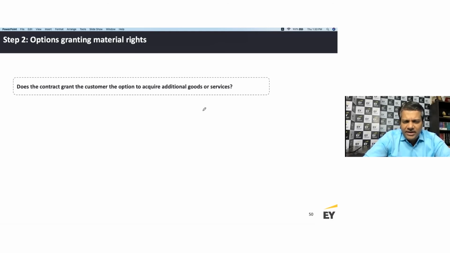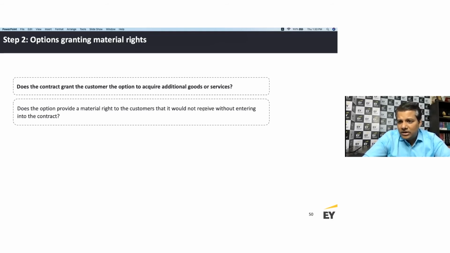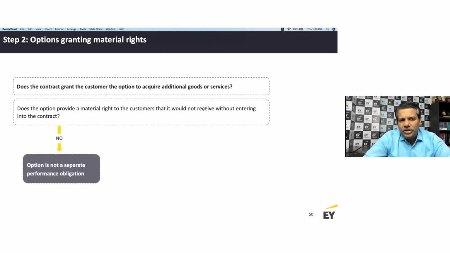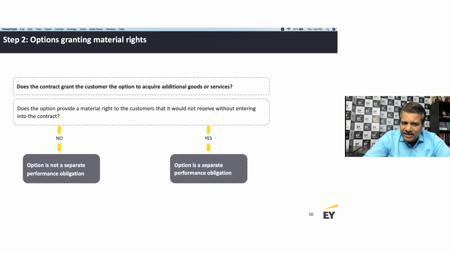The question here is, does the contract grant the customer the option to acquire additional goods or services? Yes, I have an option to acquire additional goods and services. Does the option provide a material right to the customer that it would not receive without entering into the contract? If the answer to that is no, then it is not a separate performance obligation. If the answer is yes, then it is a separate performance obligation.